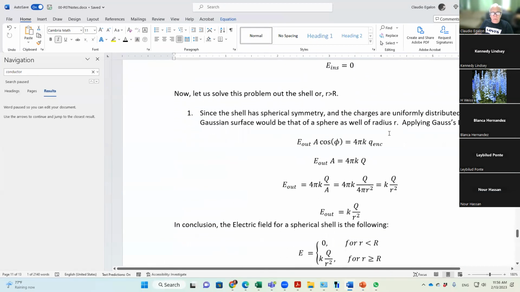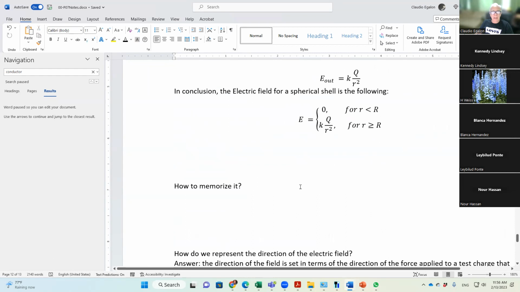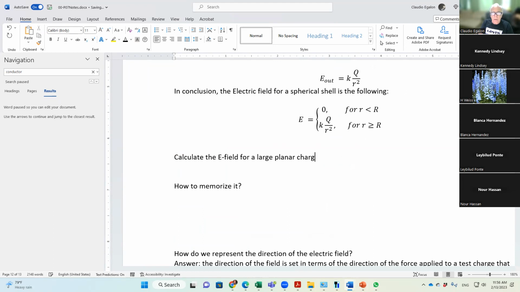So what we're going to do next time is calculate the electric field, the E field, for a large planar charged surface with uniform distribution.